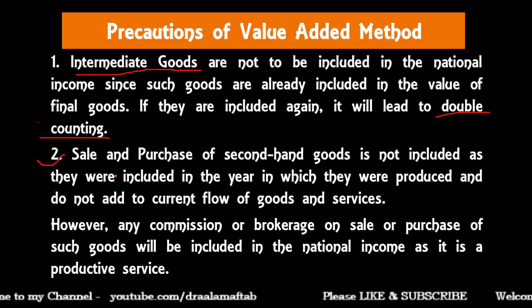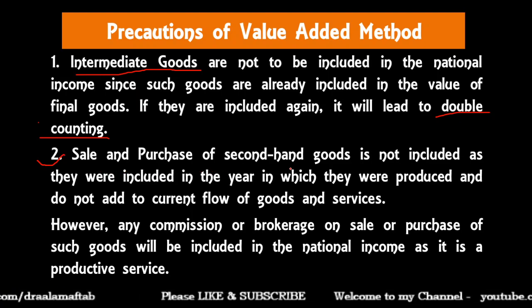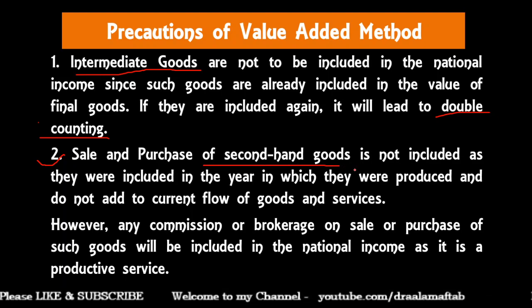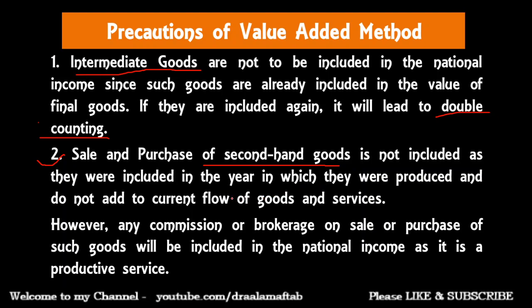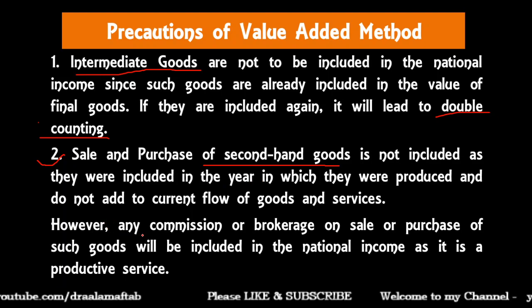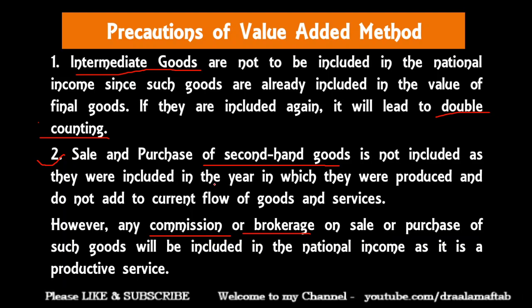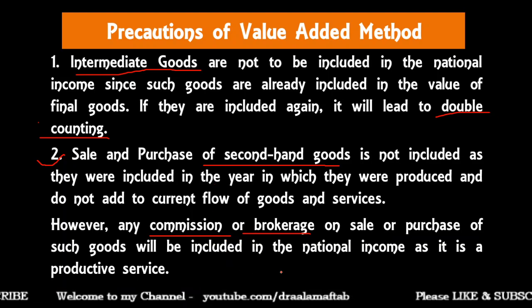Secondly, you must not include sale and purchase of second-hand goods, because it is already added when it was produced. So you must deduct the value of sale and purchase of second-hand goods. But the commission and brokerage of these transactions should be included. This is the second precaution.